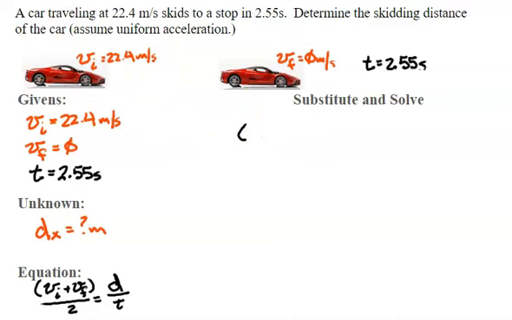So velocity initial is 22.4 minus velocity final, which is 0, that quantity all divided by 2, and that equals distance divided by 2.55 seconds, or displacement divided by 2.55.